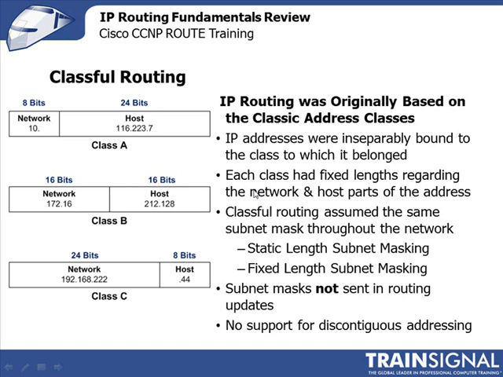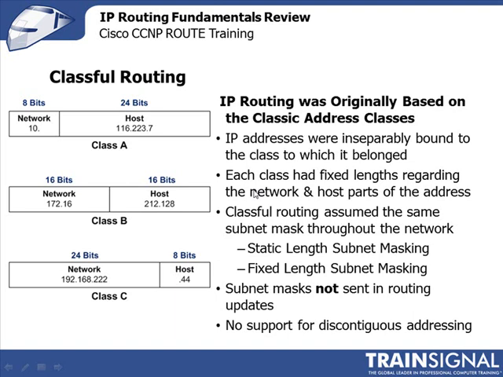And part of this is because the classful routing protocols did not transmit subnet mask information in routing updates, so it just had to assume everything was the same. And this led to something called static length subnet masking or fixed length subnet masking. SLSM is what it's sometimes referred to. And because of that, discontiguous addressing was a problem.